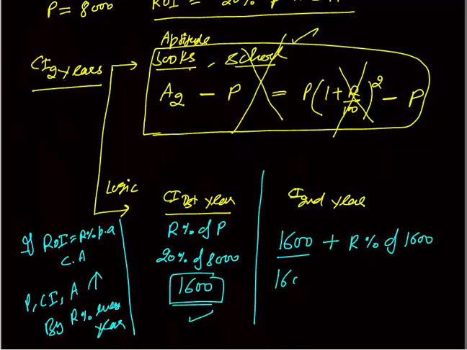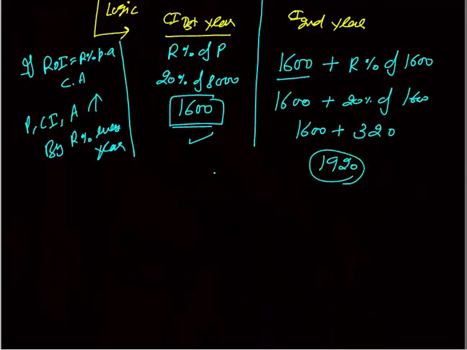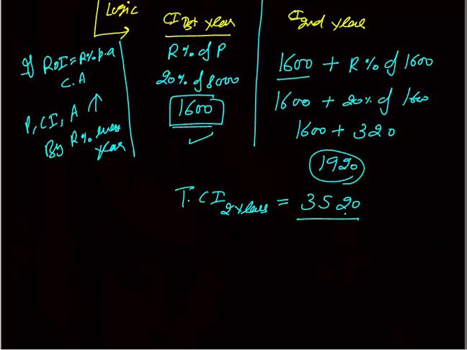This is 1600 plus 20% of 1600, that is 1600 plus 320, 1920. So total compound interest of 2 years would be 3520. It's very easy to calculate, and you can solve these kinds of questions in less than 30-40 seconds.